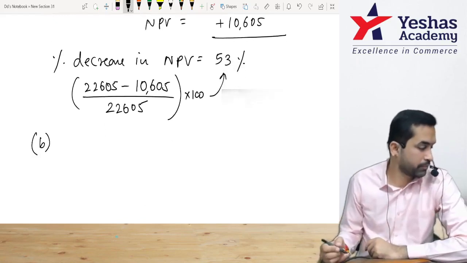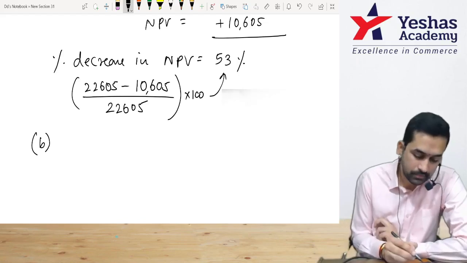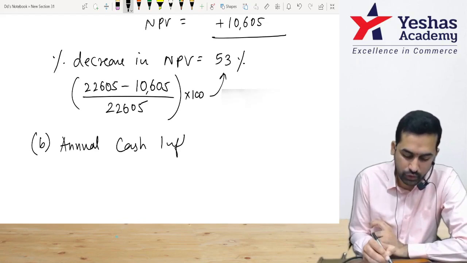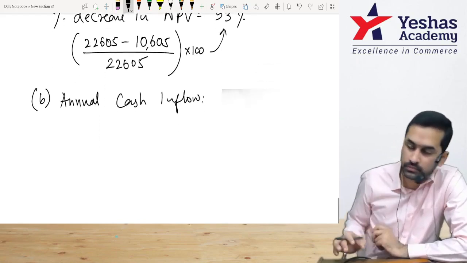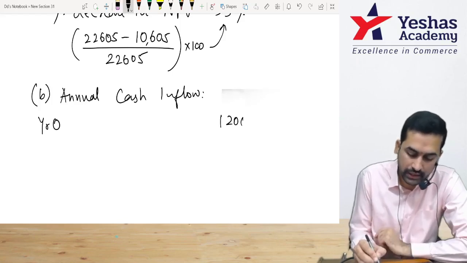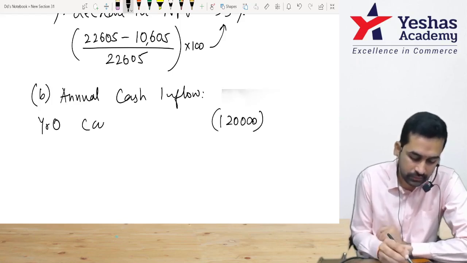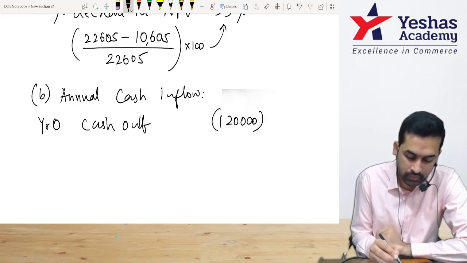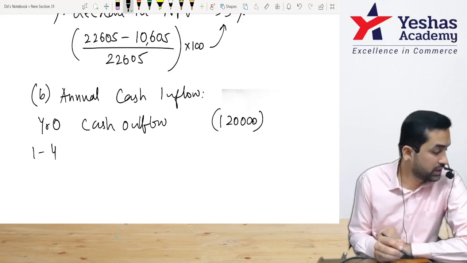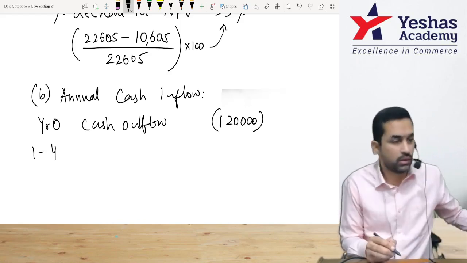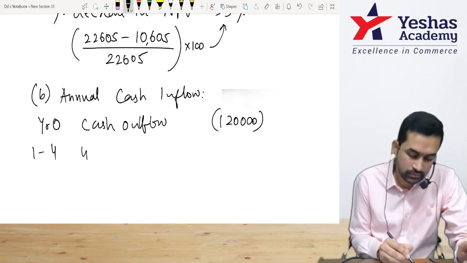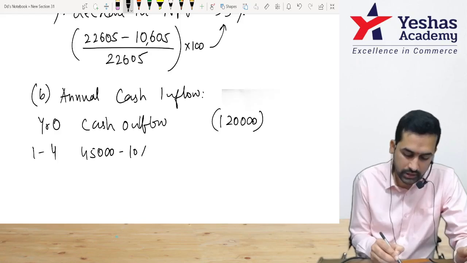Second, in the question, they mentioned annual cash inflow to be changed now. Correct? So this will be the same, year 0, 1,20,000. Year 1 to 4, original number was 45,000, but now it is 40,500, that is 45,000 minus 10% decrease.